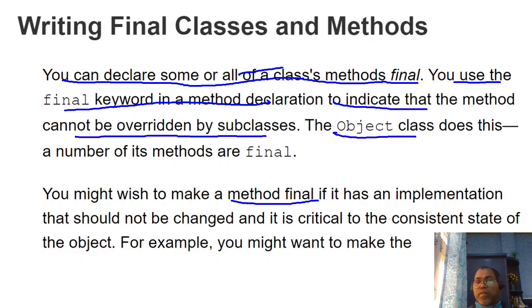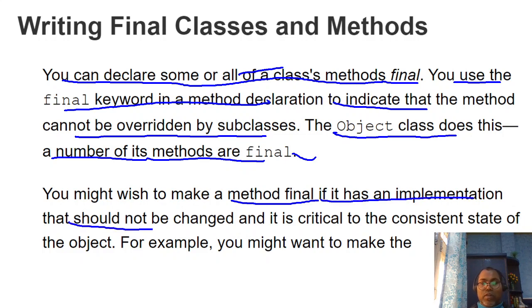The Object class has a number of final methods also. The Object class defines some final methods that you cannot override. Similarly, if a final method's implementation should not change its behavior, it's critical for a consistent state.